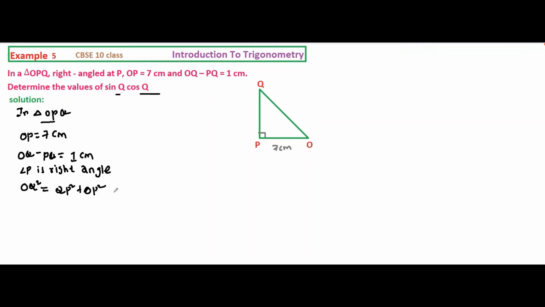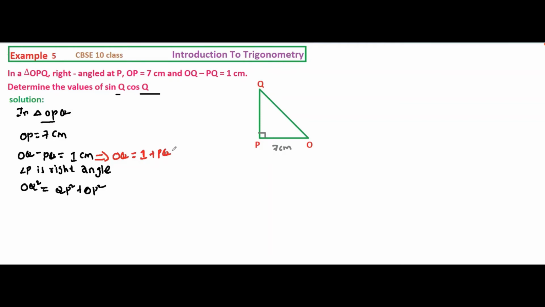We have OQ minus PQ equals 1 centimeter, and from this we can write OQ equals 1 plus PQ.